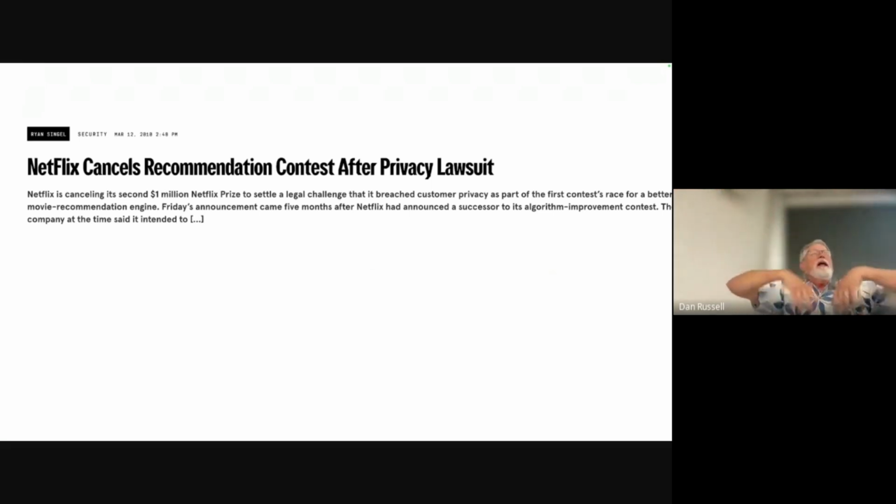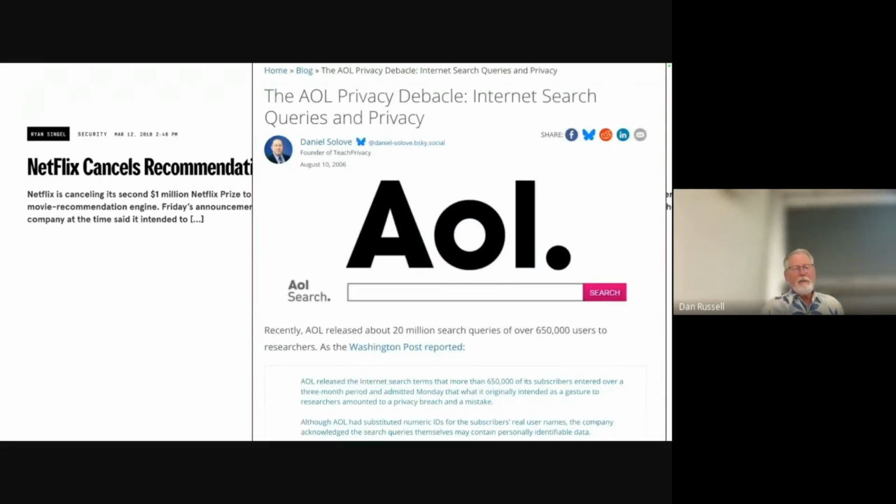If you can make a recommendation algorithm which is X% better than the one we've got, we'll give you $100,000 or whatever it was, right? They did this. On the other hand, people found their data in the data set and said, that's not private, that's not anonymized. Whoops.